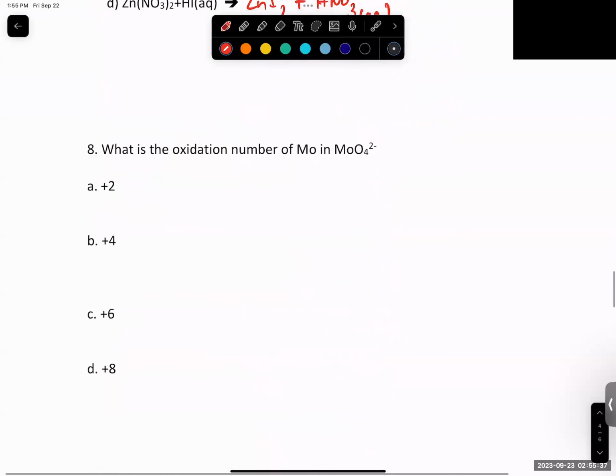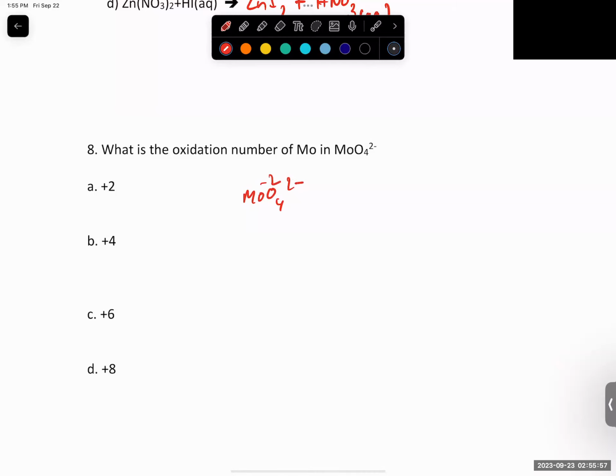All right. Here's some oxidation number practice. What is the oxidation number of molybdenum in MoO4 2-? All right, we got a lot of +6s, and the +6s are correct. So what is oxygen normally? -2.